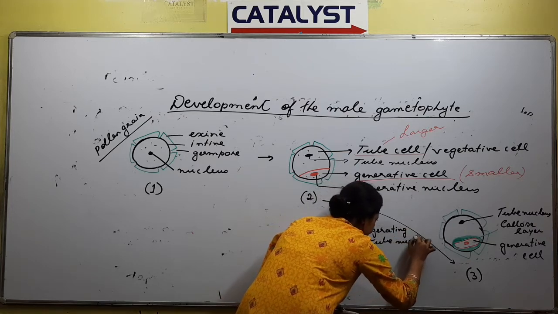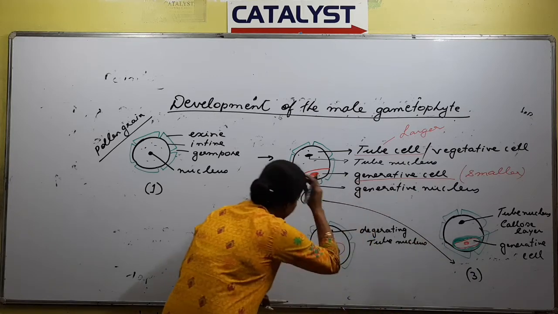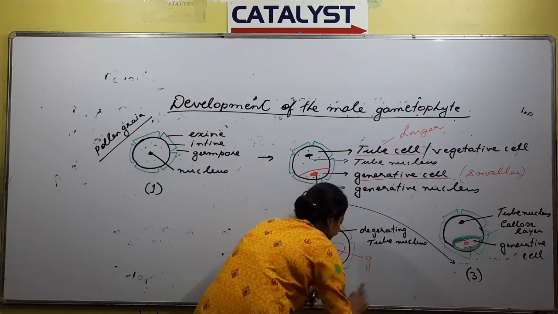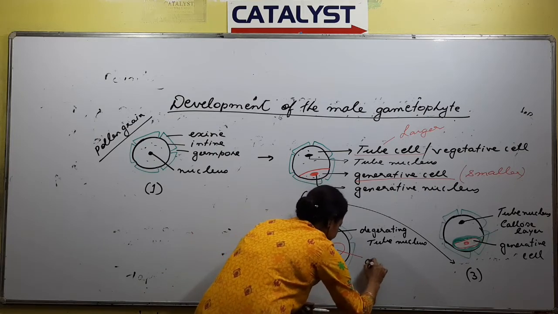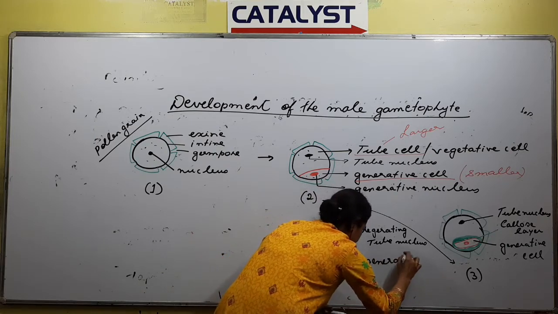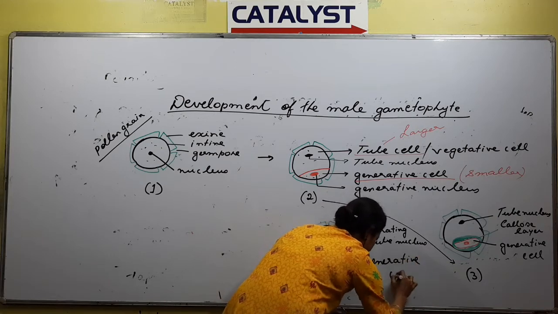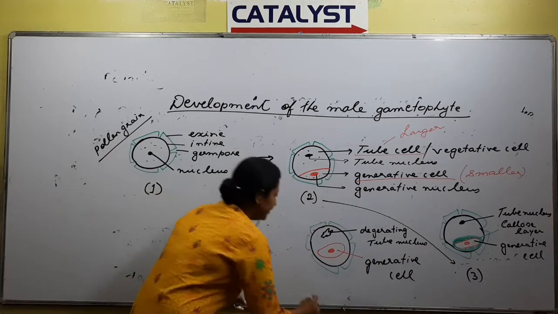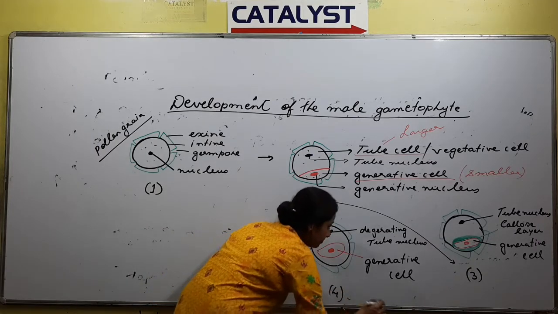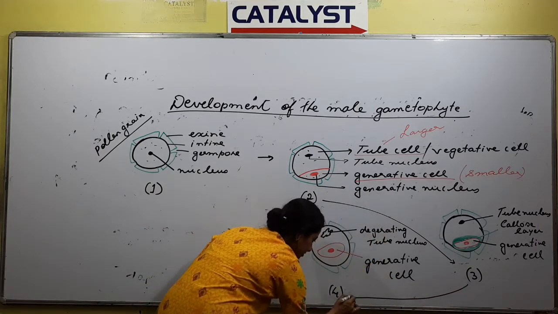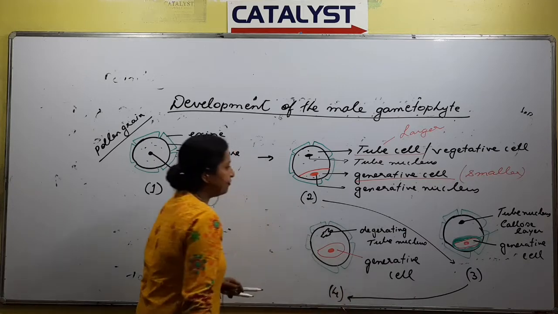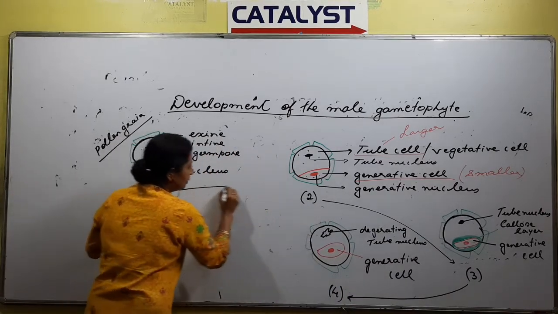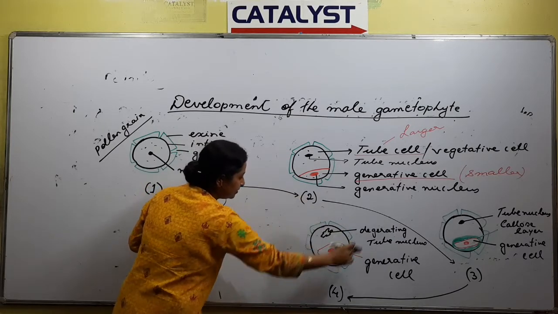So gradually the tube nucleus will begin to break down, and this is the generative cell. Let me draw the diagram first and then we will have a proper explanation. This is step number 4. After step number 4, finally we'll have step number 5.